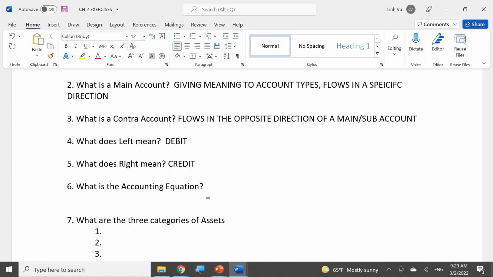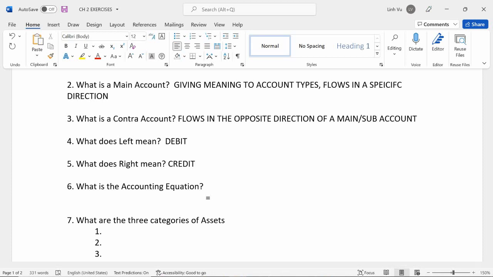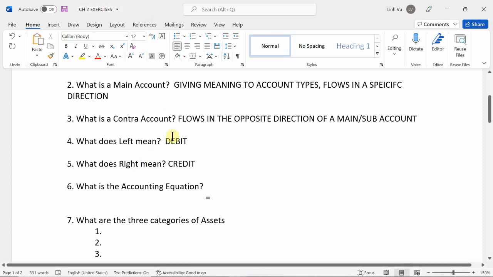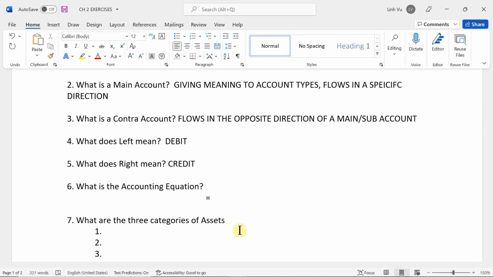And then in chapter 3, you'll understand why these are referenced this way. Number 6, what is the accounting equation? It's liabilities plus equity equals assets. Equals assets, good.